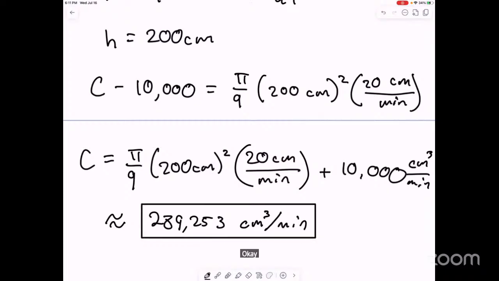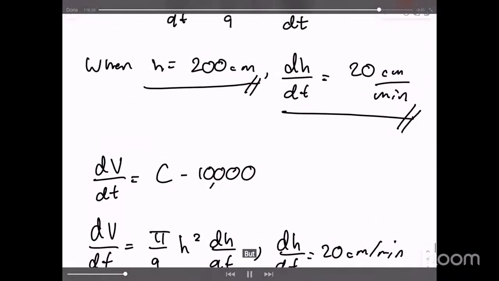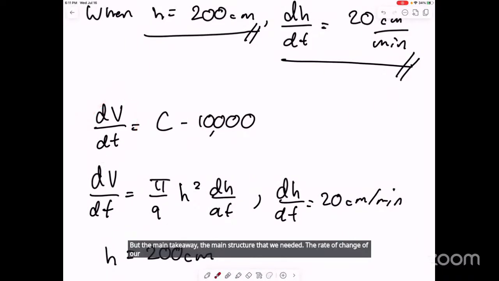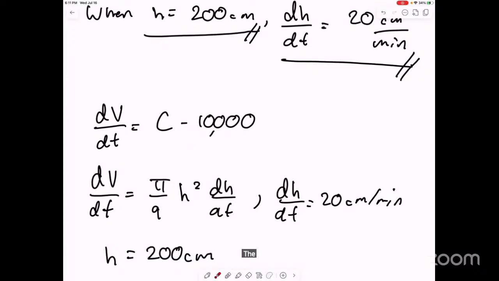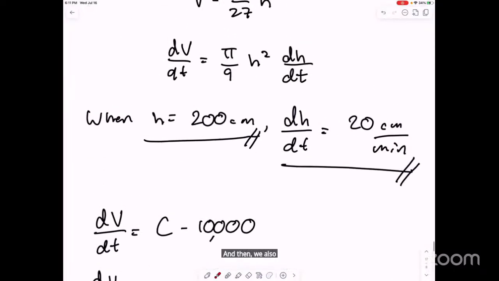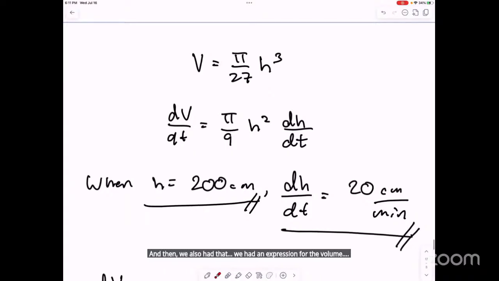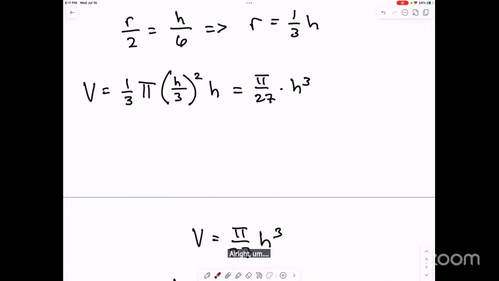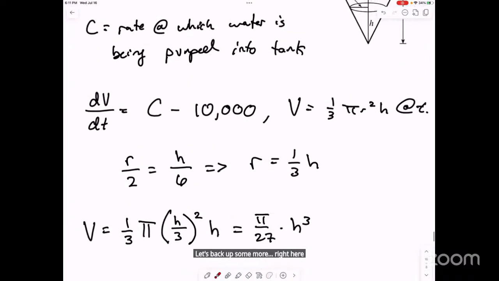Okay. So this was the example from the textbook. But the main takeaway, the main structure that we needed, was that the rate of change of our water was going to be the rate in minus the rate out. And then we also had an expression for the volume, 1/3 pi r squared at any given time.